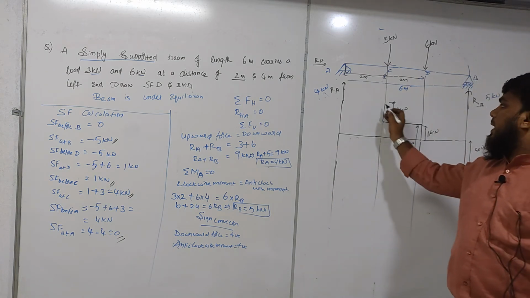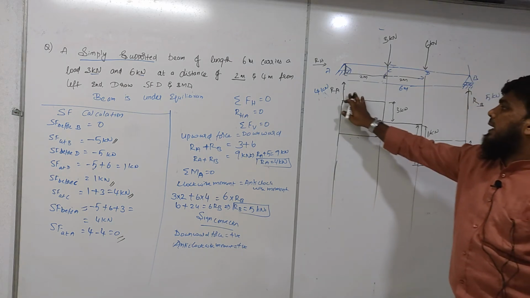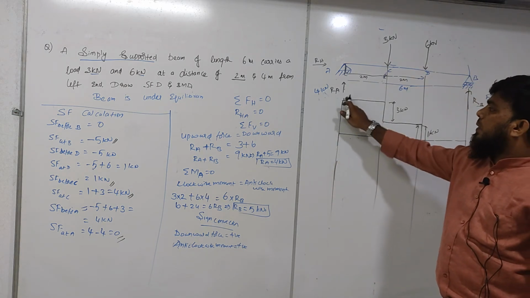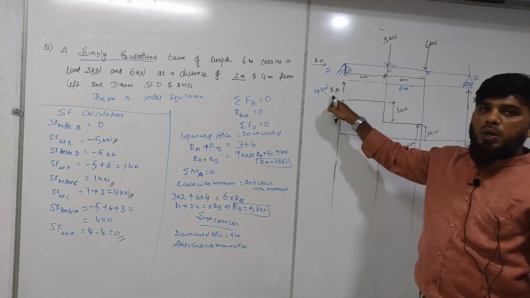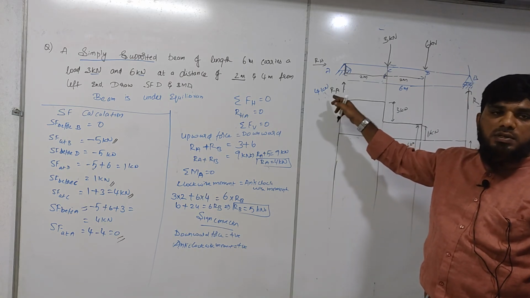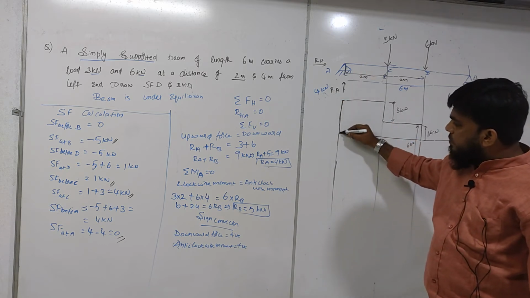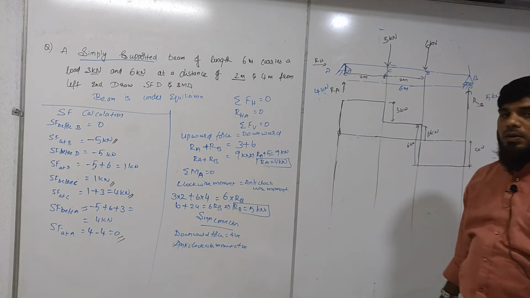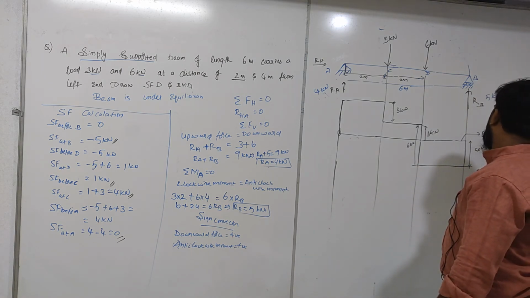From here to here, there is no load acting. Till point A, but at point A again the point load of 4 kilonewton is acting upward, which is negative. So minus 4 plus 4, you will get to the baseline. This is your baseline.